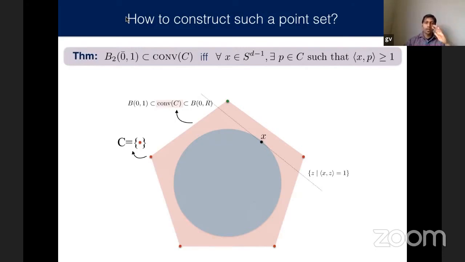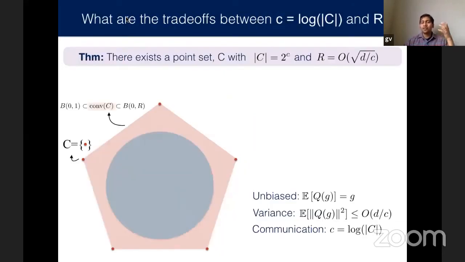Okay, so the inner product is at least one. So similarly, you take any point on the unit sphere, and there will always exist one point within this point set C that has inner product at least one. So this is an if and only if characterization, and using it, we can construct point sets that achieve various trade-offs between communication and variance.